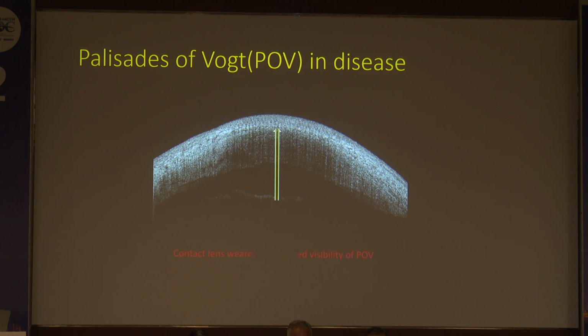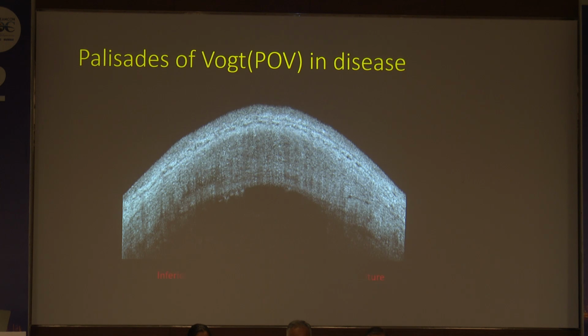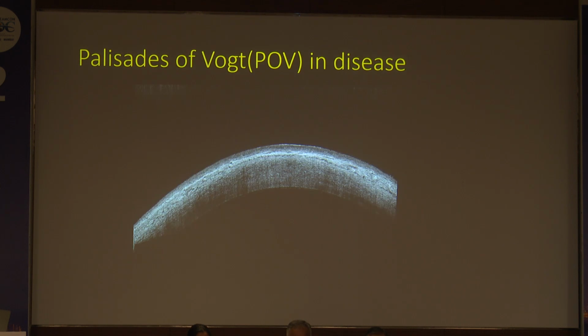In a contact lens wearer, we can see diminished visibility of palisades of Vogt. It may show an early limbal stem cell deficiency developing. In inferior pannus, there is loss of palisades of Vogt with increased vasculature. In mixed etiology dry eye, there is decreased shadowing of palisades of Vogt with increased vasculature.